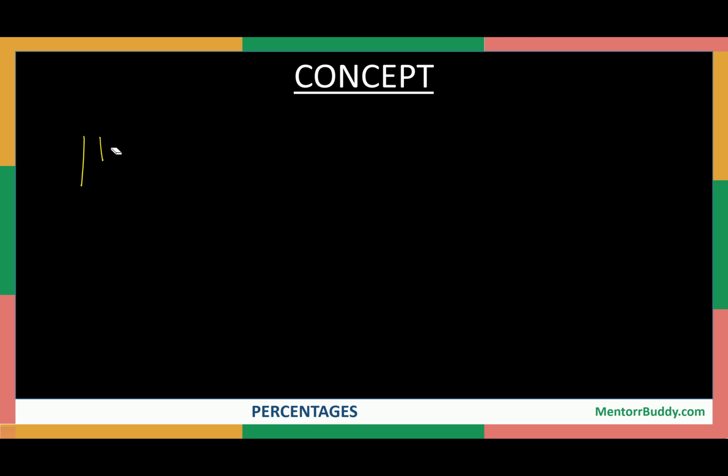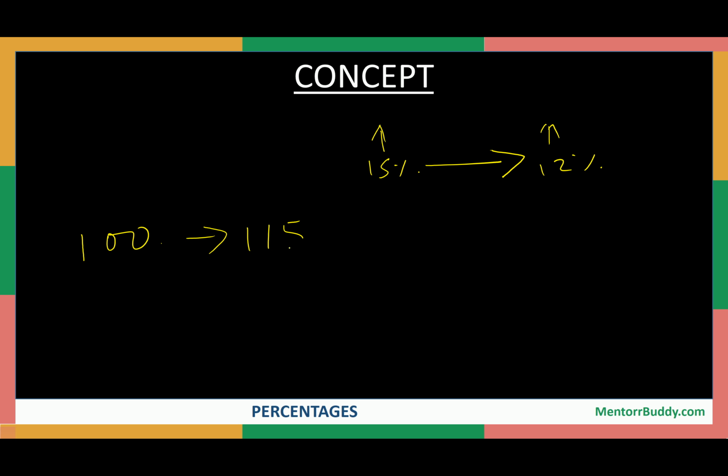But what will happen if something like this comes in your question: the price of an article is increased by 15%, and then next year it is increased by 12%? If you take 100 as a base value, you will increase 15% in 100, and it will become 115.